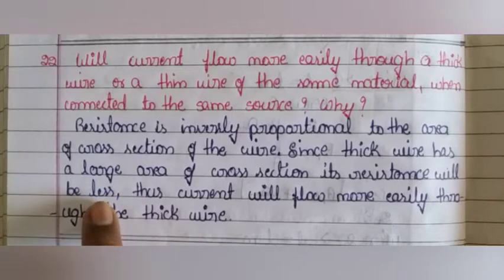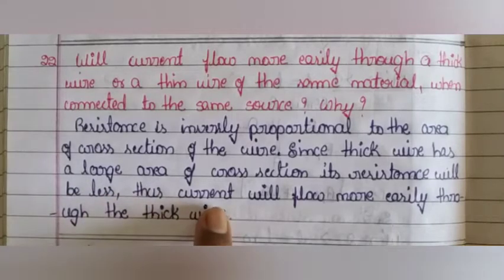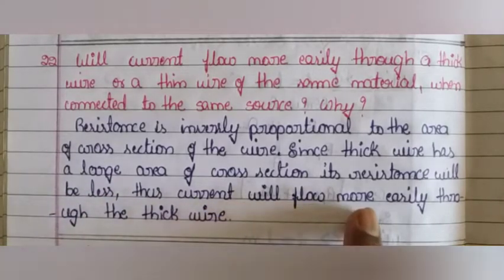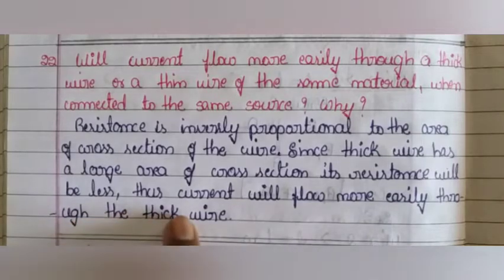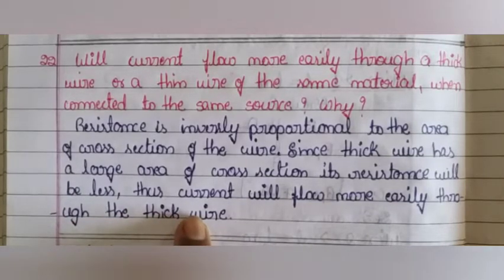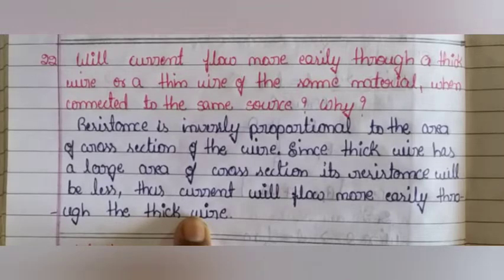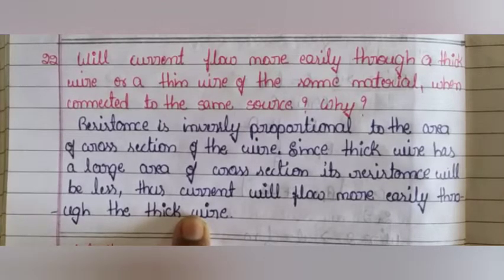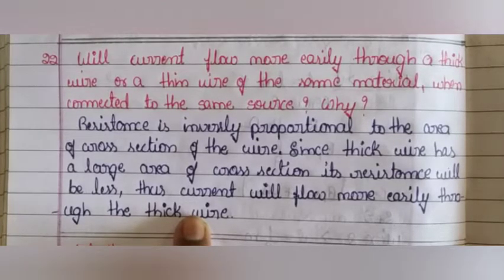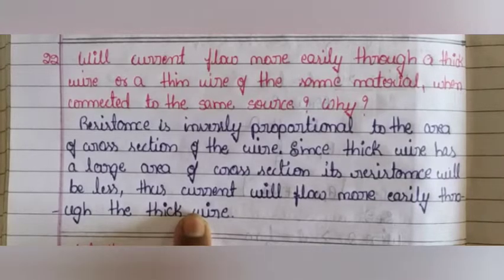So current will flow more easily through the thick wire. Do you understand? The area is thick, the resistance is very less. Due to that reason, the current flows more easily through a thick wire when we compare it to the thin wire. Okay?